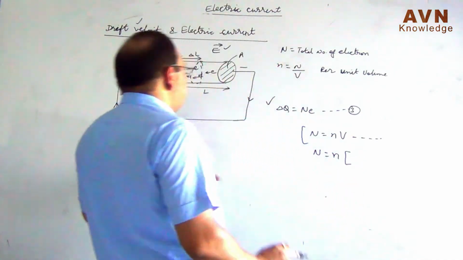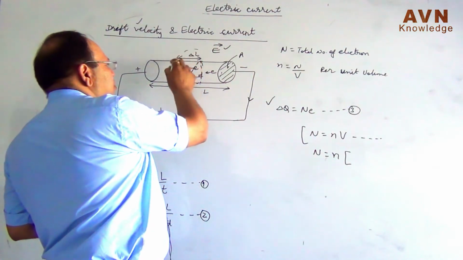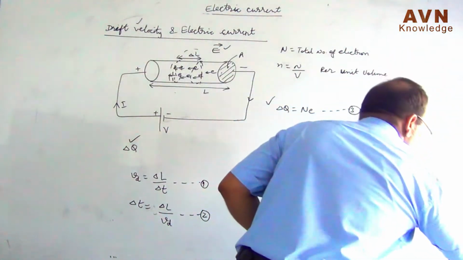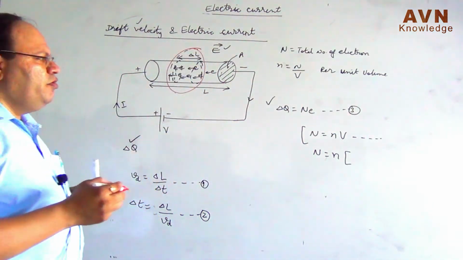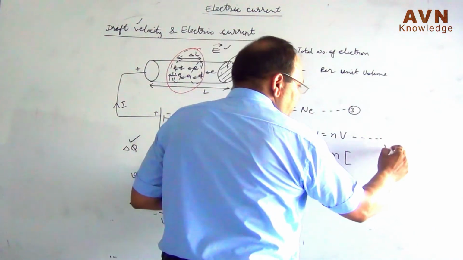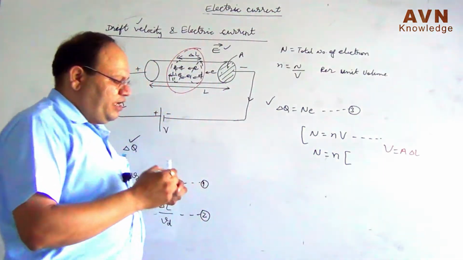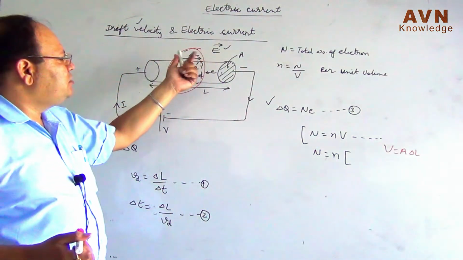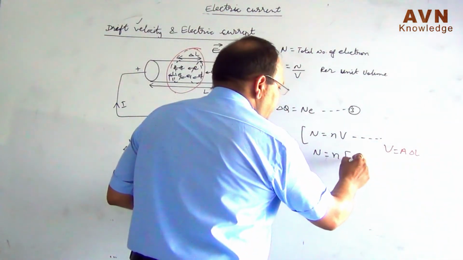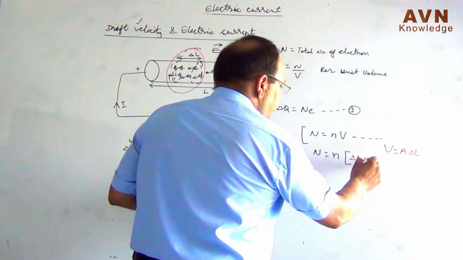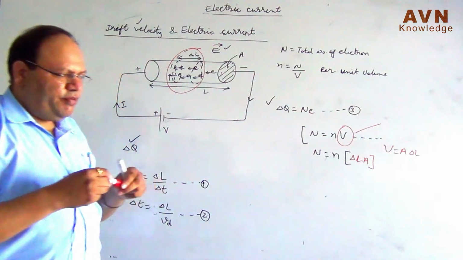And what is V? This is the cross-section area, and what is the volume of this small fraction? The volume V equals A into delta L. Volume equals cross-section area multiplied by the distance.